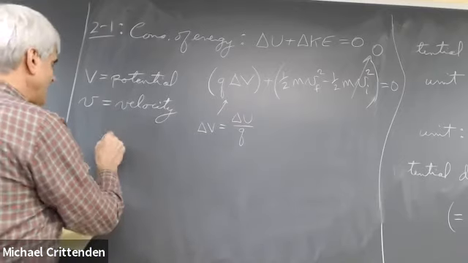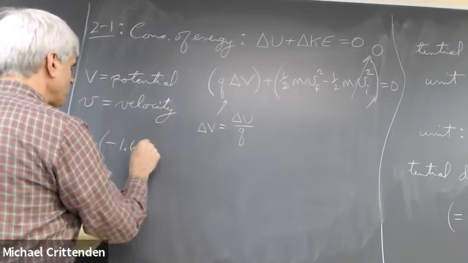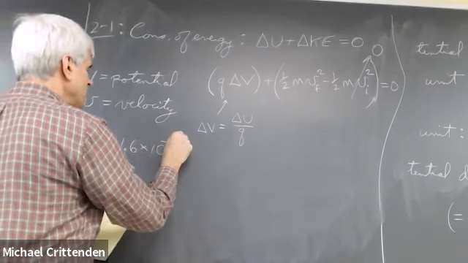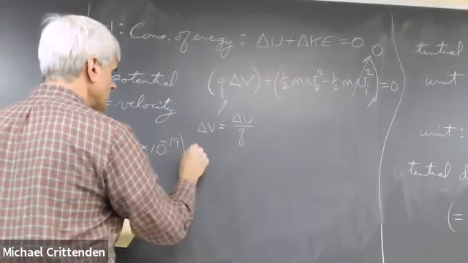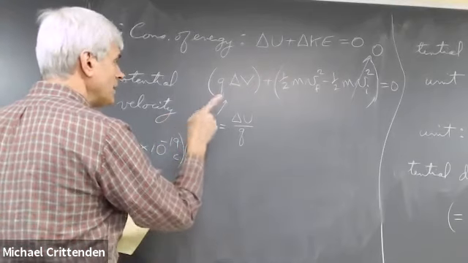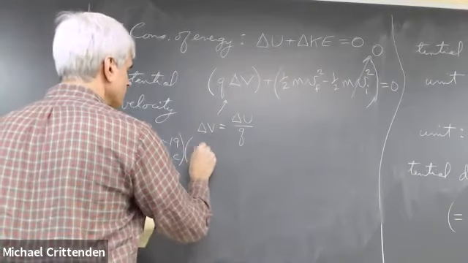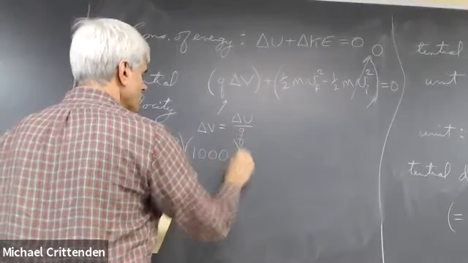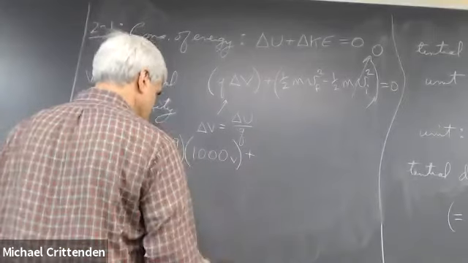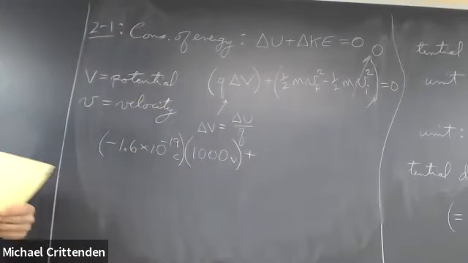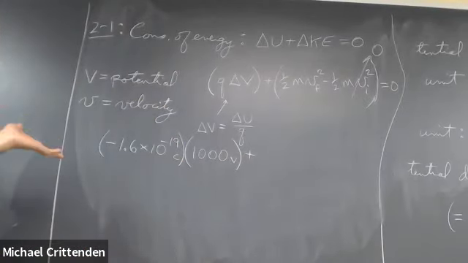Charge on an electron, negative 1.6 times 10 to the negative 19th of a coulomb. Potential difference. As the electron moves, its potential will increase. Now, the way things are defined, remember everything's defined with positive charges in mind.